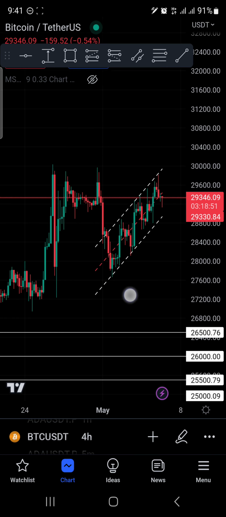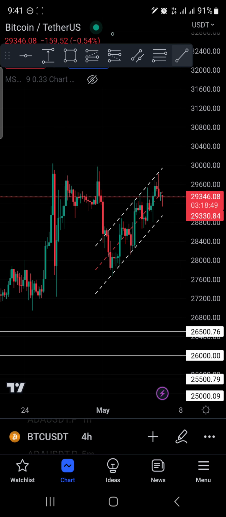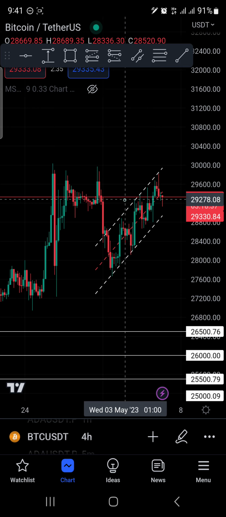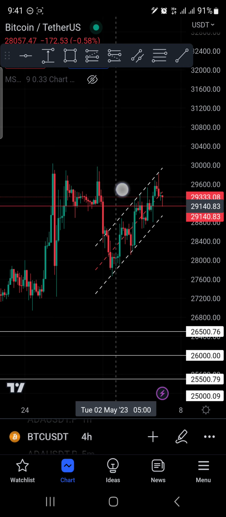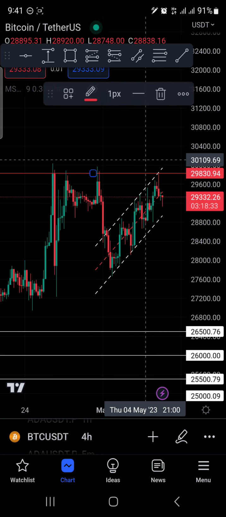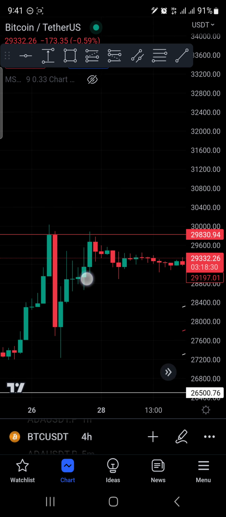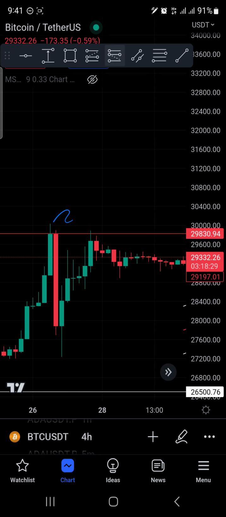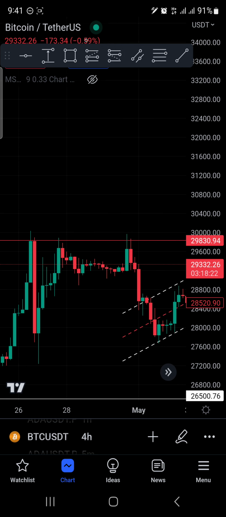Now look at this. On the 4 hours time frame, if you want to consider candle closure, you have to bring your horizontal trend line and make it here. Here we are looking at this candle closure to determine this, and also this as well.